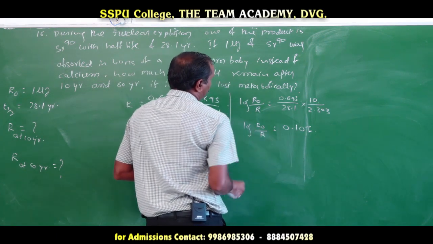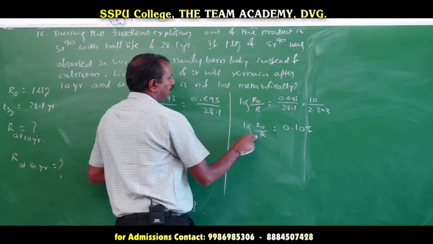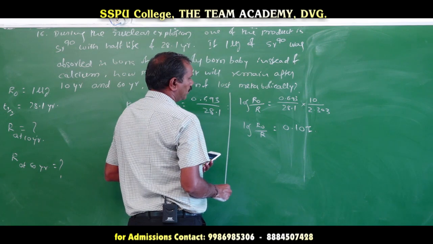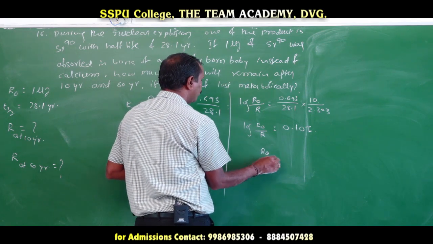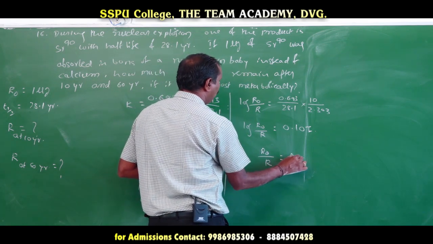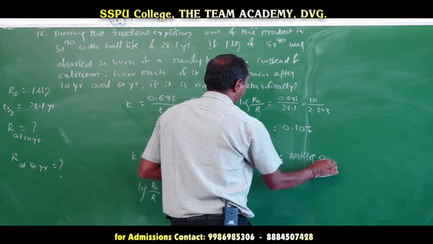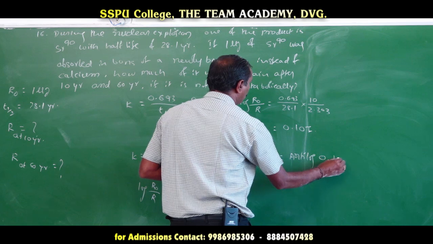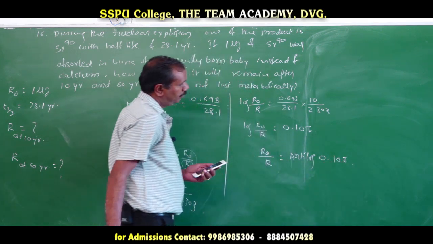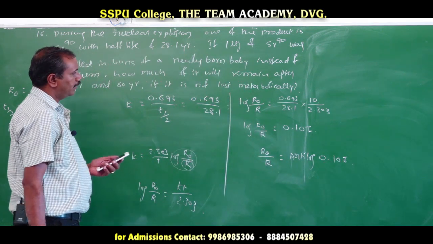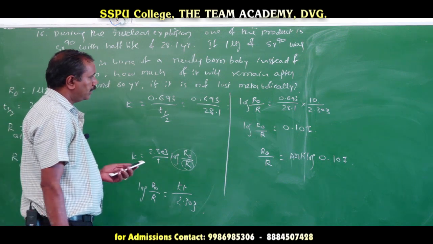So the log R naught by R value is known. Then R naught by R equals the anti-log of this value, 0.107, which is maybe 1.1.